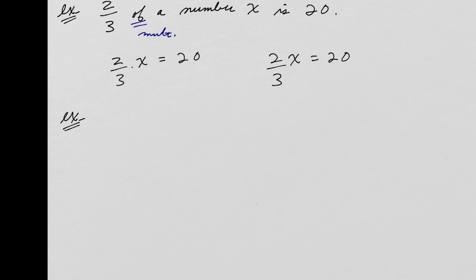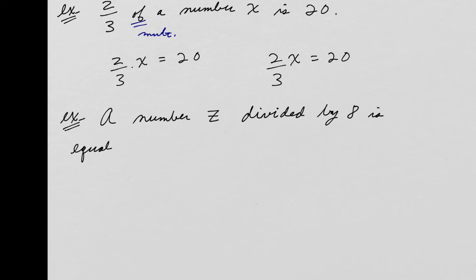Okay, another example. Let's say we're told a number z. So if I didn't give you that, you could just use any variable you want, but we're going to call it z, divided by 8 is equal to 8/3.